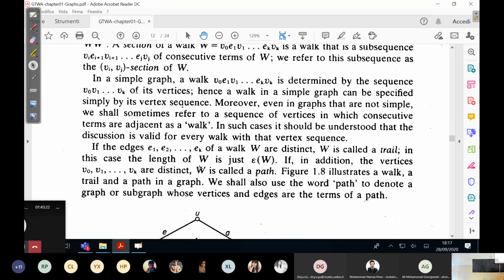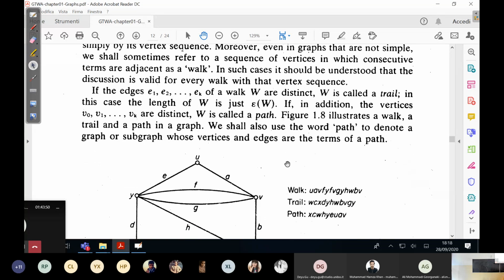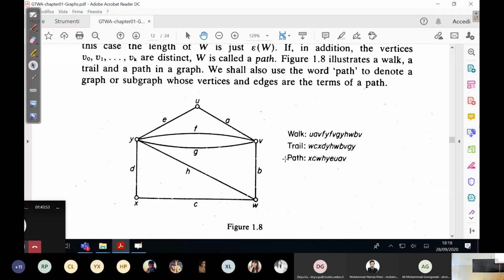In this case, the length of the walk is just the number of edges in the walk itself, okay? If in addition the vertices are distinct, what might not be the case in a trail, we call that a path. Okay, here I go through the figure because we must see the different possibilities.